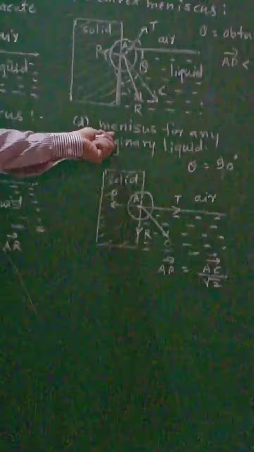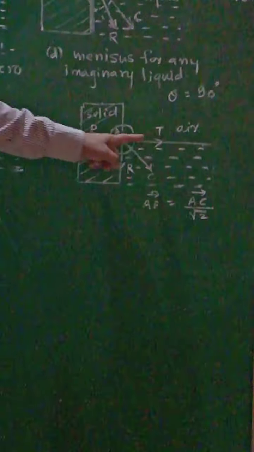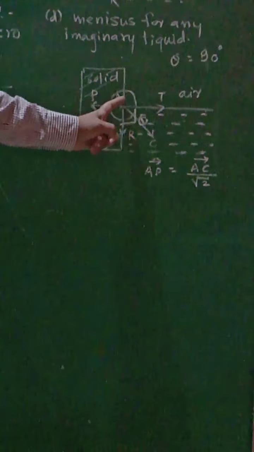Now instead of that, if you consider any hypothetical liquid, that is an imaginary liquid, such that the cohesive force is nearly at 45 degrees to the free surface of the liquid, and AP is the adhesive force directed inside the solid, the resultant force of this cohesive force and the adhesive force, if it is along the solid surface, that is in the vertical position directed downwards, then the tangent drawn to the free surface of the liquid will be along the liquid surface, and hence the angle of contact will be 90 degrees, that is this angle of contact theta, because it is the angle between the solid surface and the tangent drawn to the liquid surface.